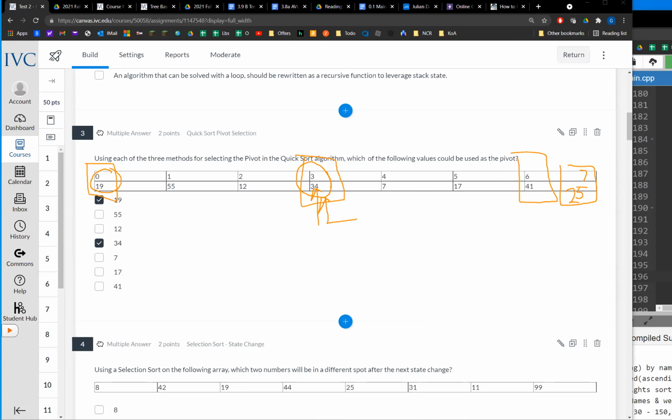Get my eraser. All right, so let's make this array bigger. Now it's asking the same question again. First value, middle value, last value. Because we go 19, 25, 34, and 25 is the median.